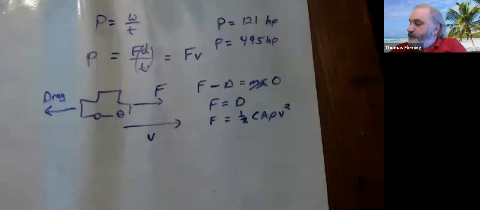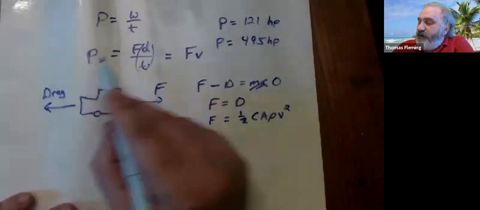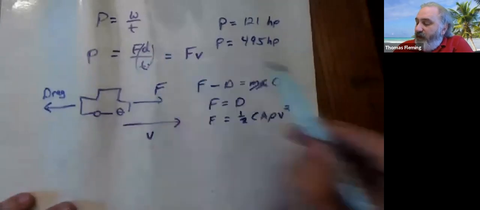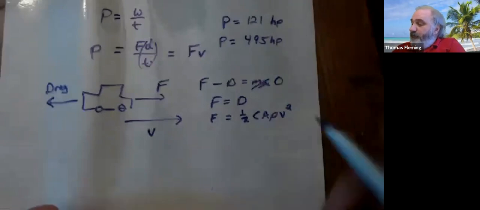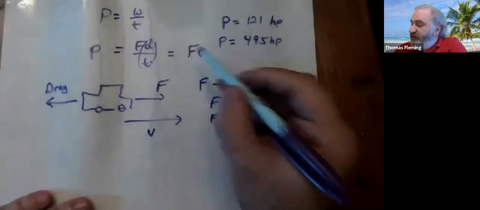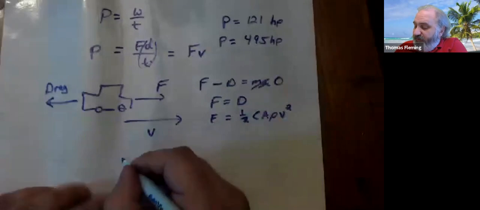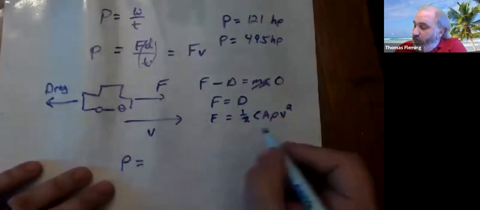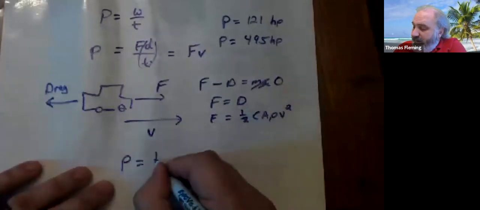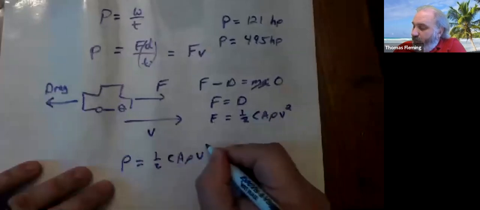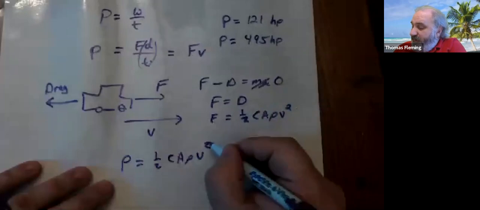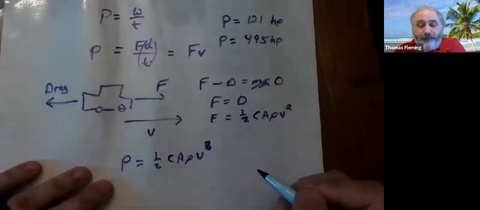So since the power should equal the force that I can exert times my velocity, and the force that I have to exert with my car is going to equal the drag force, then I can say that the power should equal the drag force, 1/2 CA rho V squared, times V, which is going to make that be V cubed.